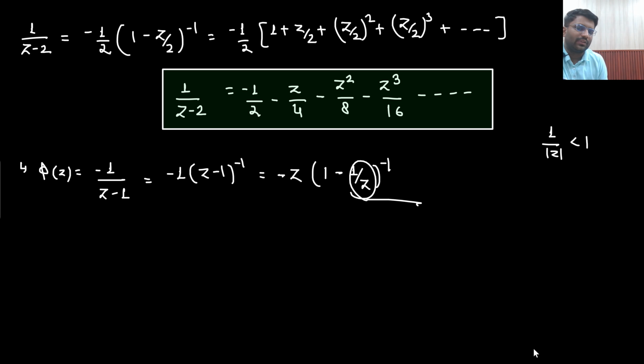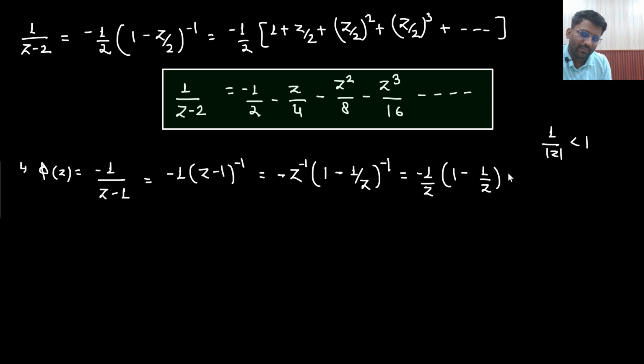Now I have the expansion for this, because 1 by mod of z is less than 1. If I take z outside, so z inverse will go outside because you are taking z outside. It will become 1 minus 1 by z to the power minus 1. So what you are getting? Minus 1 by z, 1 minus 1 by z to the power minus 1.